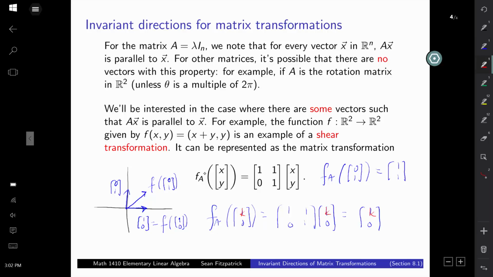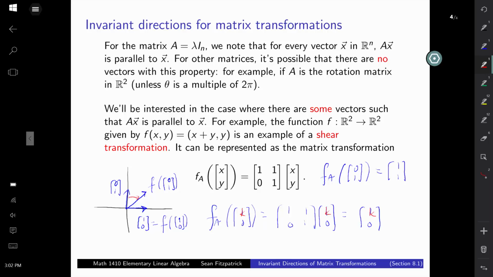So that vector gets shifted over. This is a horizontal shear, so any vector with a vertical component is going to get shifted over to the side a little bit.